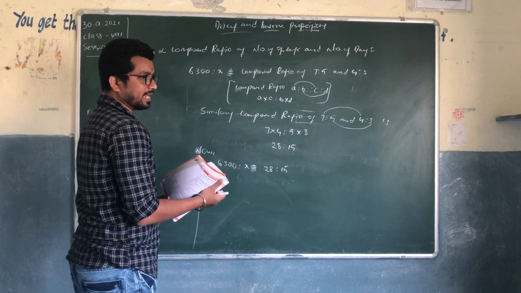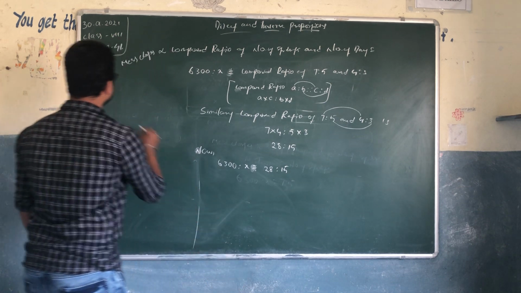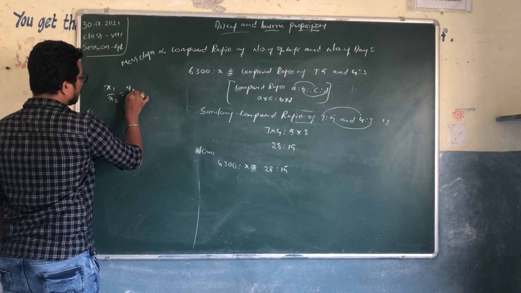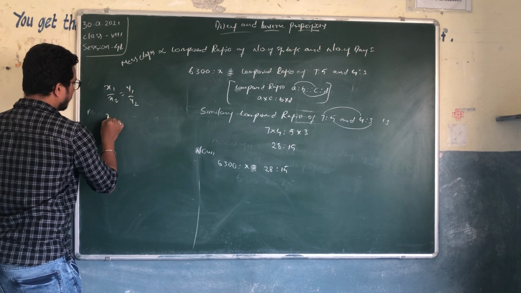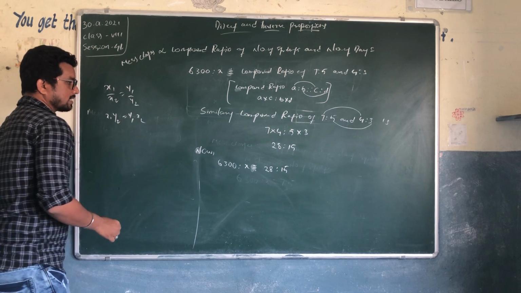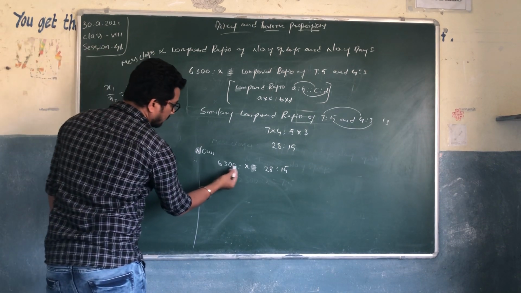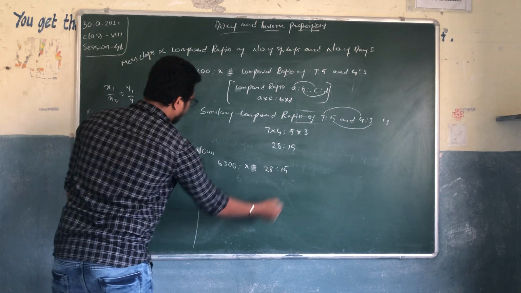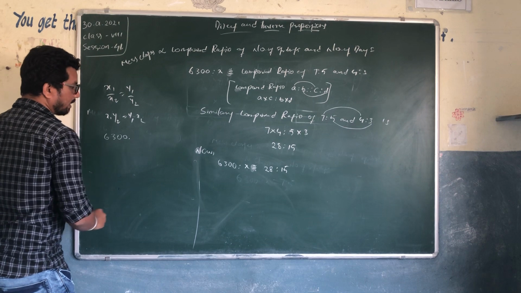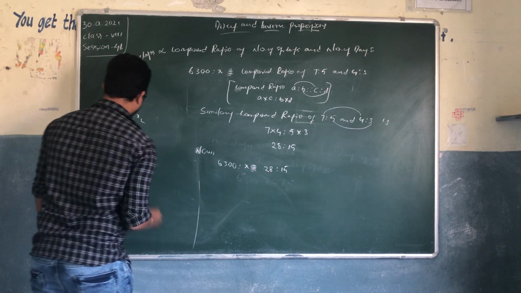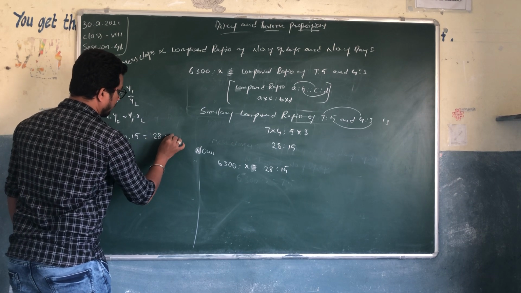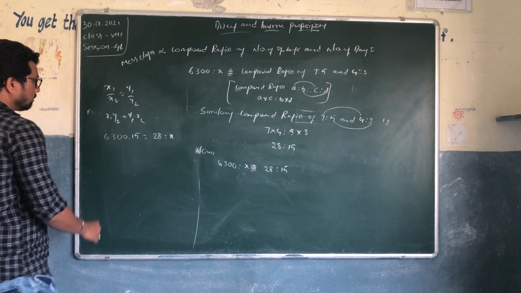As you know, directly proportional means x1 by x2 is equal to y1 by y2. So this is x1, this is y1, x2 and y2, which means x1 is 6,300 into y2, which is 15, is equal to y1, which is 28, into x.